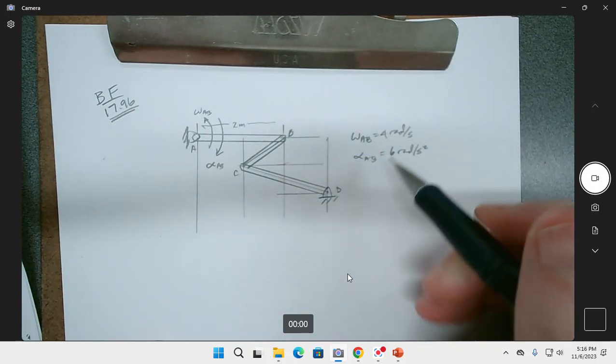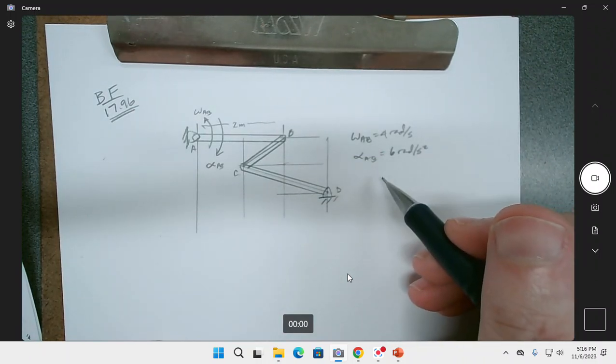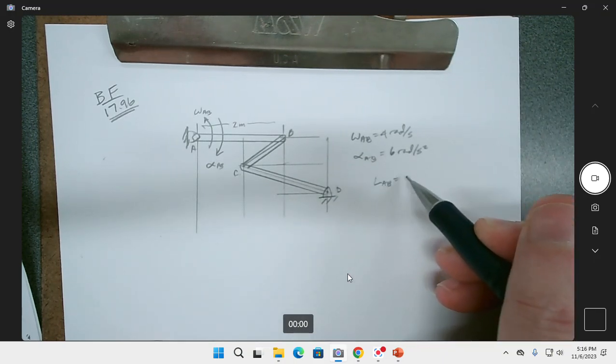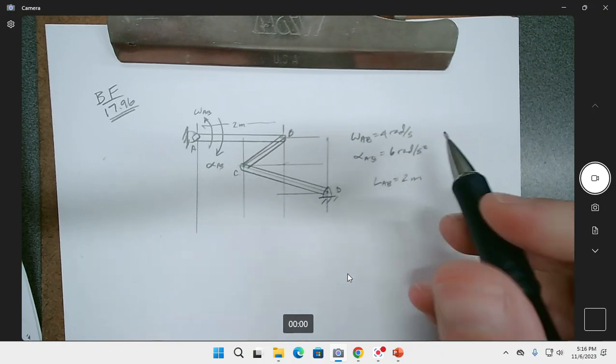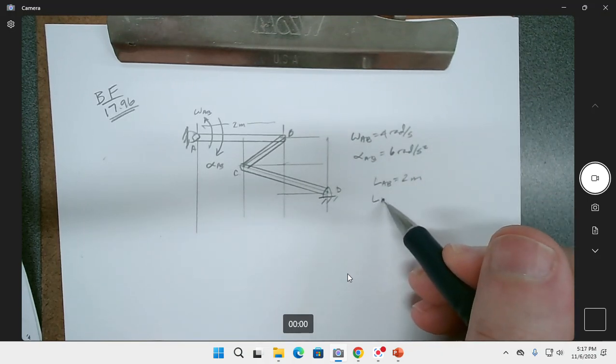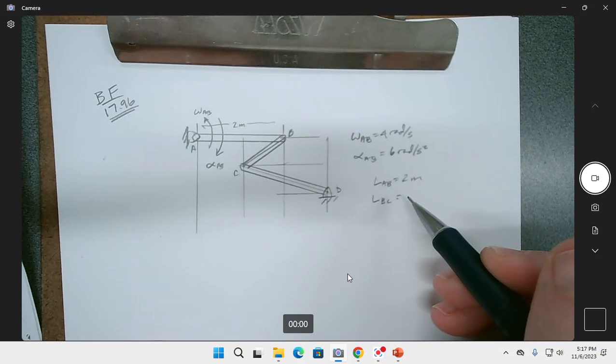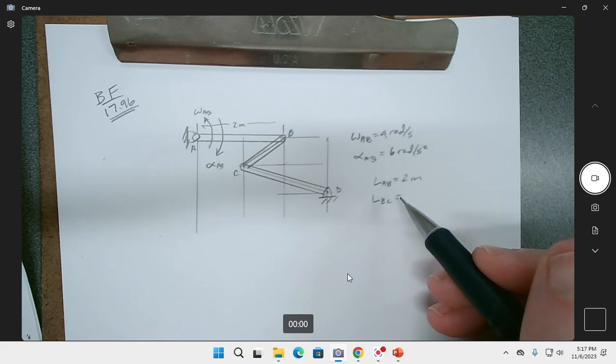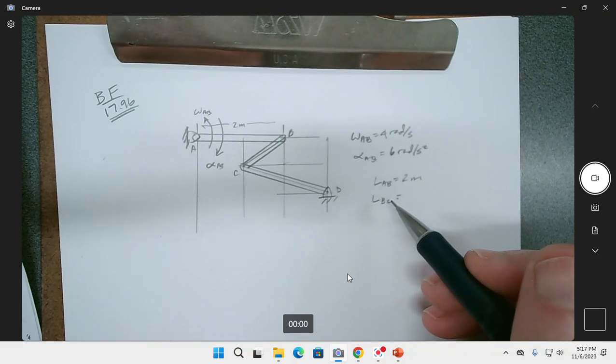The givens are omega AB is equal to 4 radians per second, and alpha AB is in the direction I'm showing at 6 radians per second squared. And so the lengths, let's see, did I work out the lengths? The length of LAB is 2 meters. LBC, where'd you go, LBC? I'll write you down anywhere. You would think I would have written that down somewhere.